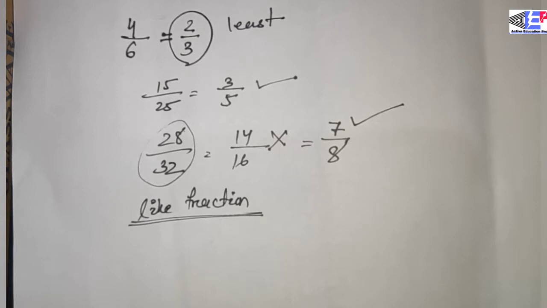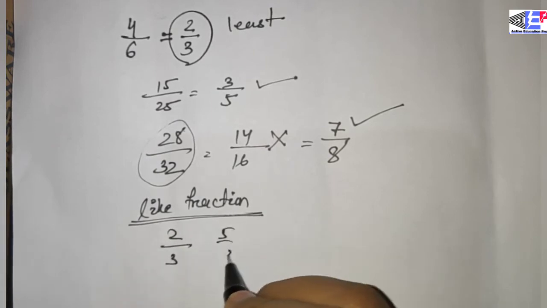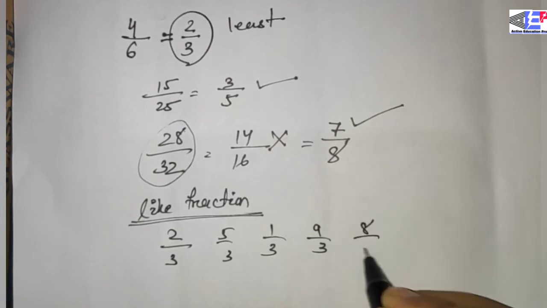You can convert a mixed fraction to an improper fraction to check whether it is a like fraction or not. First of all, like fractions have the same denominator. Suppose 2 by 3, 5 by 3, 1 by 3, 9 by 3, 8 by 3.